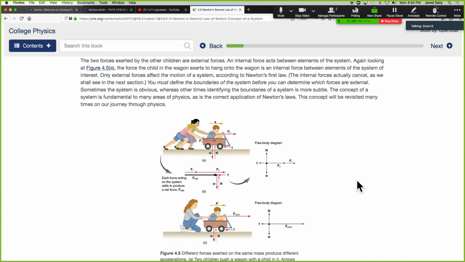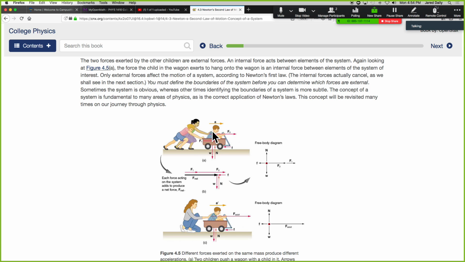So a good example is this kid in the wagon, right? If we're talking about the kid and the wagon together as one object, then anything that pushes on the wagon or the kid is going to be pushing on our system. So in this case, we have two forces, one force from the kid in the pink and one force from the kid in the green and the purple here.